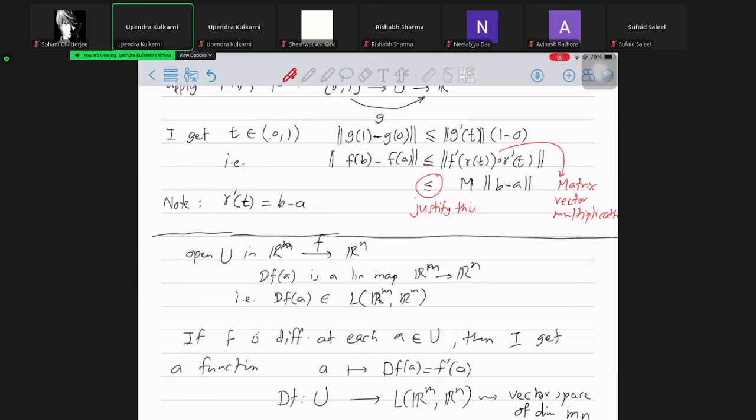So you can think of this as the operator norm of something, B times A or S times T, whatever we wrote. This is less than or equal to the norm of f prime of gamma of t times the norm of the vector. Remember, gamma prime of t is just a vector.